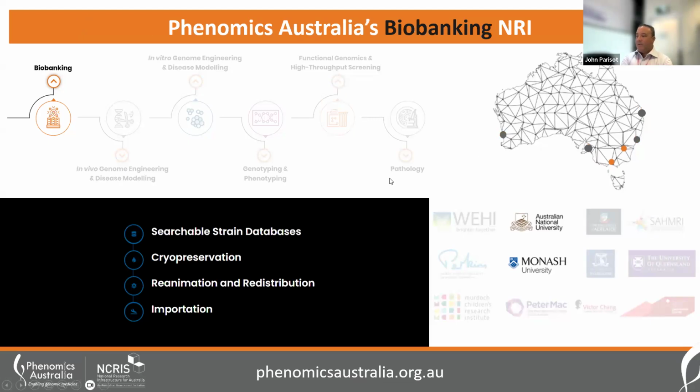If we scroll through briefly, biobanking is particularly important for our mouse and in vitro models, cryopreservation, and the databases of strains and so forth. Importantly, they can also help enable your importation of specific models, mouse models for example, that you might need.